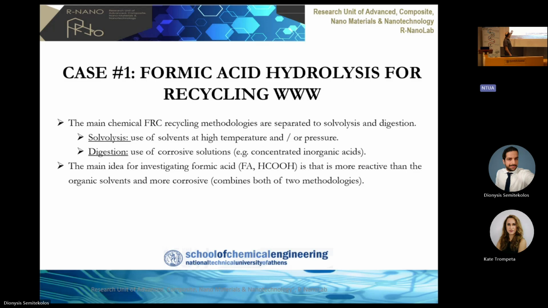In the case of digestion, you use corrosive solutions, normally concentrated inorganic acids like concentrated sulfuric acid. The main idea of using formic acid is that it's more reactive than organic solvents and also corrosive. Actually, it's like combining the two methods.